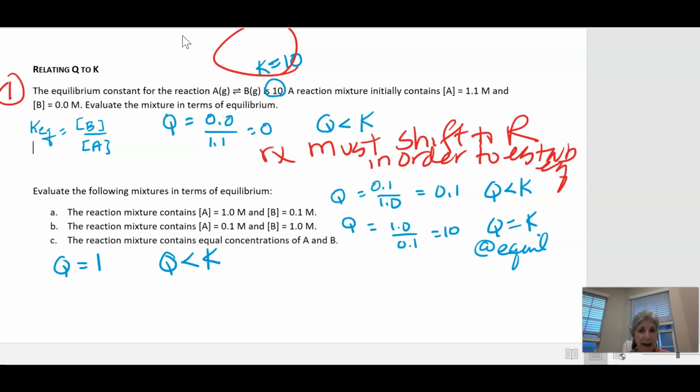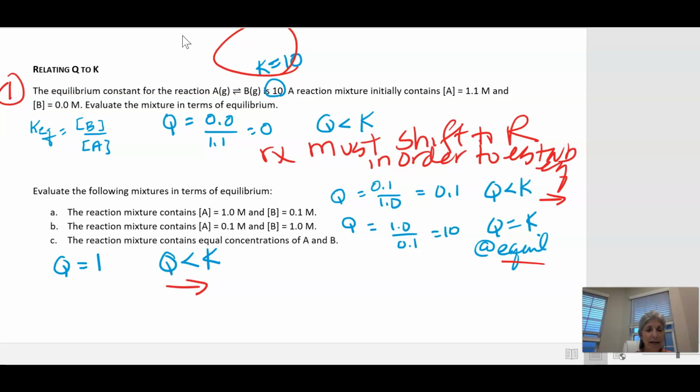In the case of A, also the reaction must shift right in order to establish equilibrium. In B, we're at equilibrium. And in this case, C, Q is less than K, so the reaction must shift right in order to establish equilibrium.